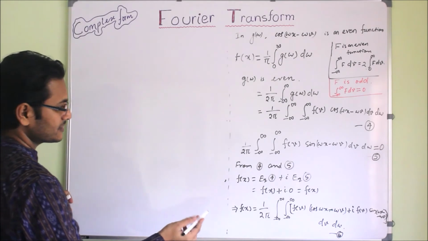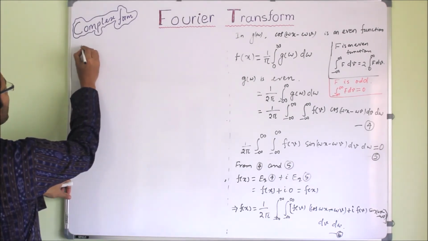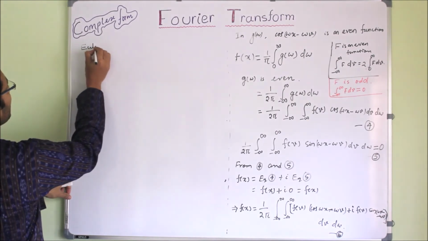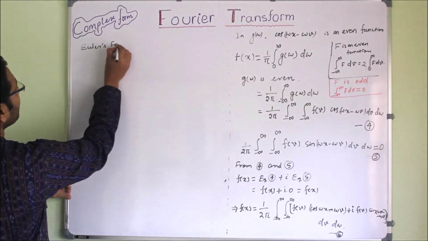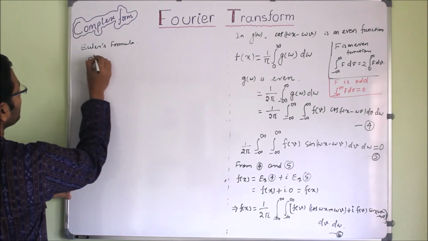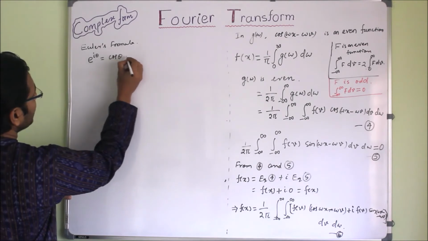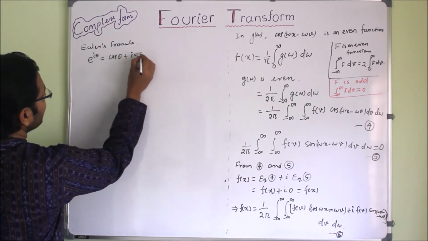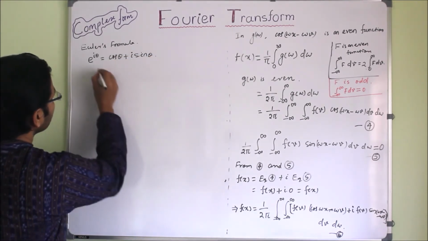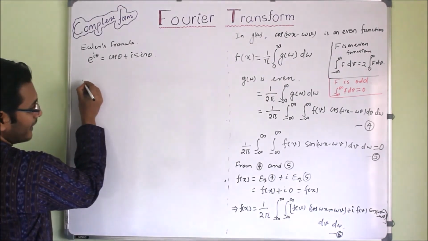Now equation 6 can be written using Euler's formula. What is Euler's formula that you have to see? Euler's formula says that e to the power i theta equals cos theta plus i sin theta. So if we compare this formula with the bracketed term, what will happen?